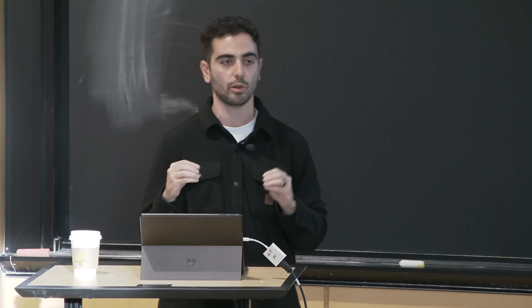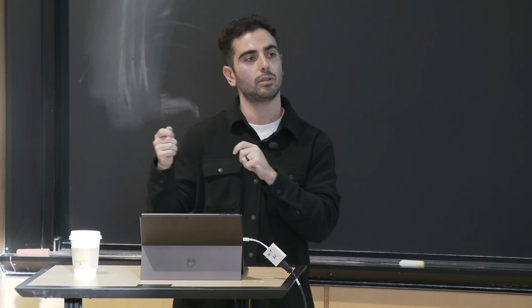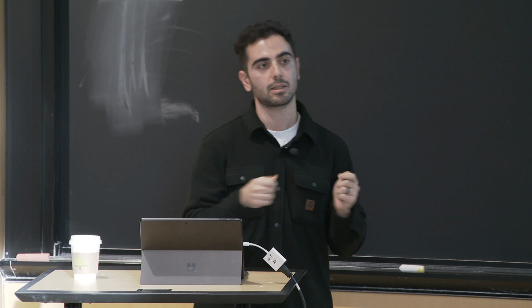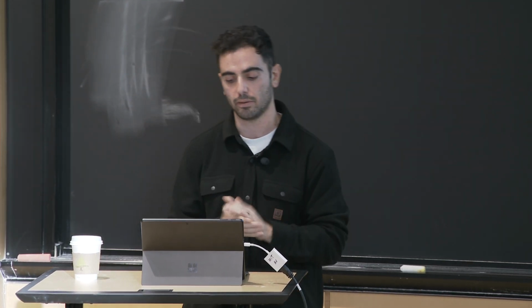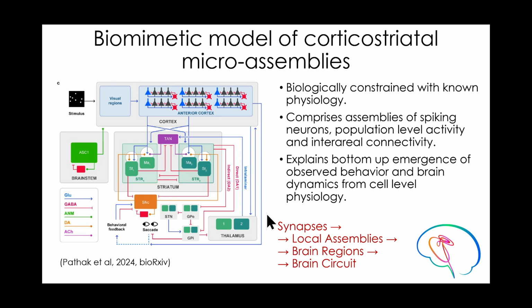It's important to know that this model has never been fitted to macaque data, but it can still match data both on the electrophysiological level and also on the behavioral level. The story of the model is essentially moving from synapses to local assemblies of neurons, then brain regions, and to bigger brain circuits. In fact, you will move across these scales in the first exercise today.